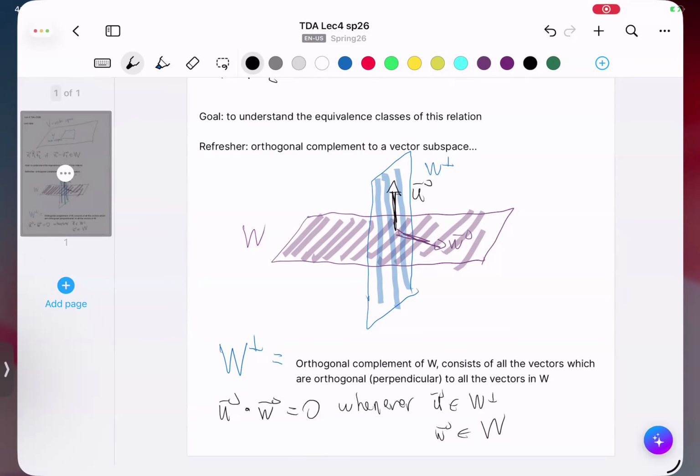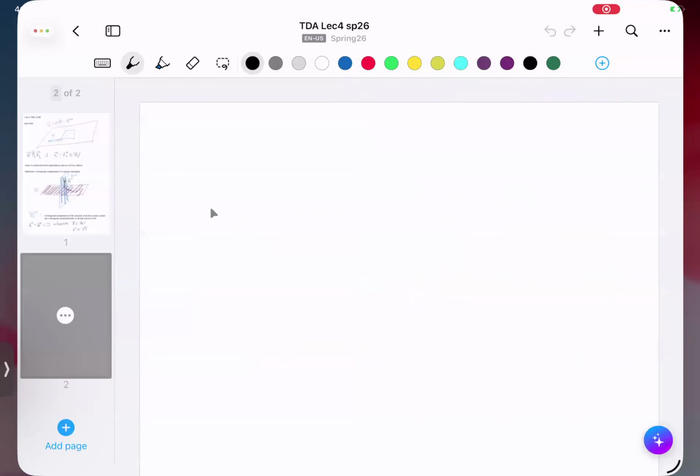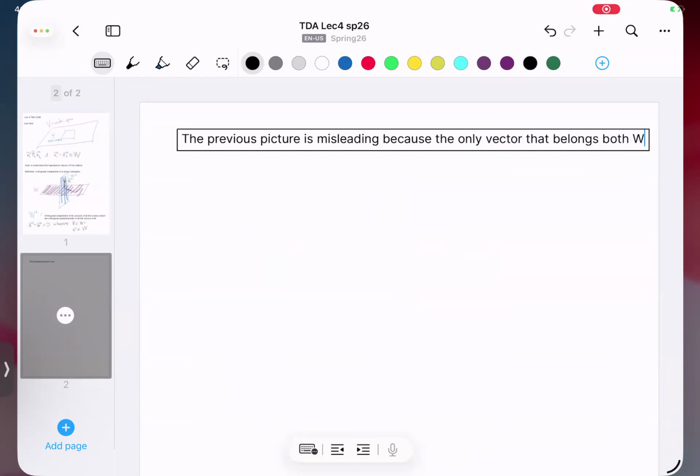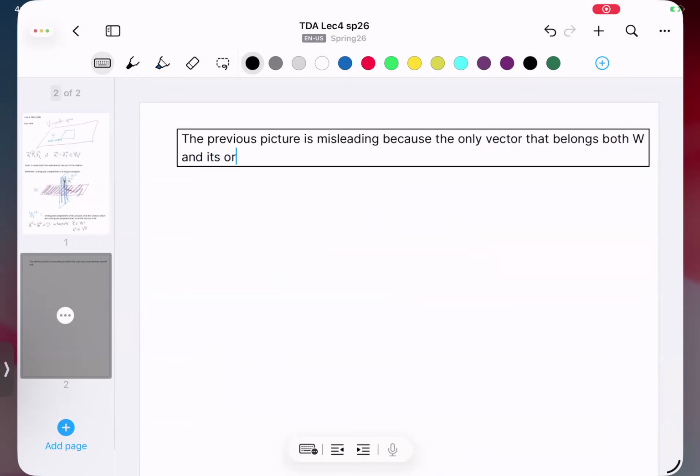So let me write down that the previous picture is misleading because the only vector that belongs both to W and its orthogonal complement is the zero vector.